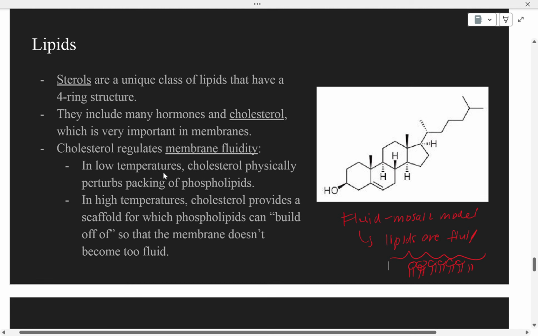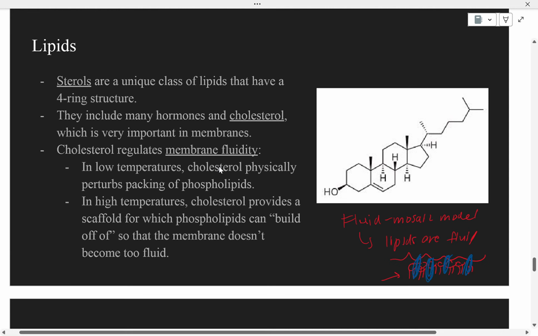So in low temperatures, since it's getting cold, all these lipids are freezing up, sort of. They're compacting together, they're getting really tight, so the membrane is getting very rigid. Basically what cholesterol does is it inserts itself between these phospholipids in the membrane.